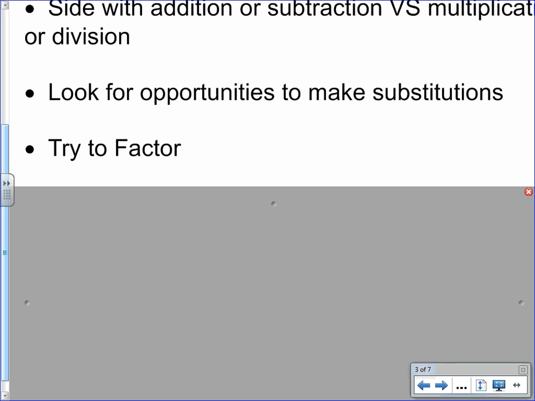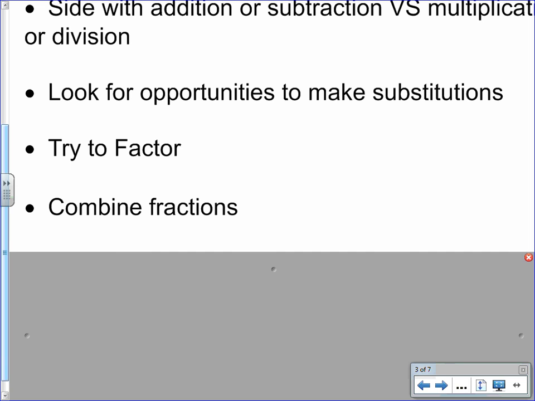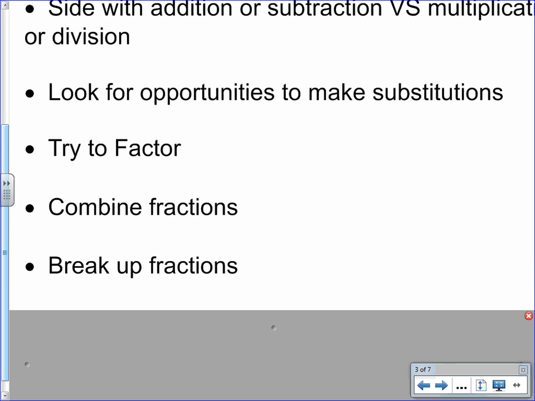If possible, you can try to factor. Okay, we worked on some factoring in your homework. I mentioned it before with the adding and subtracting, but if you have two fractions, you can combine them. It's also possible to break up fractions. We looked at that the other day.